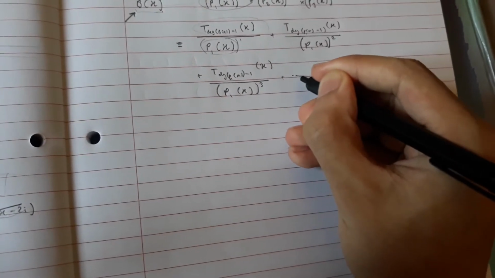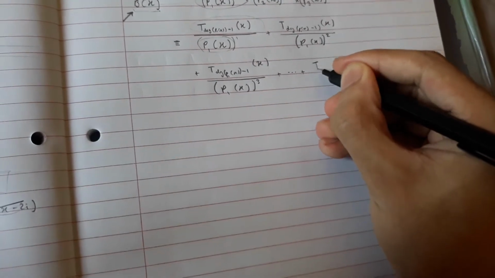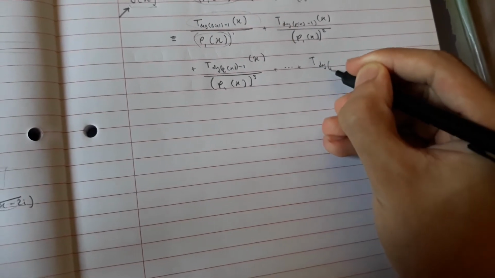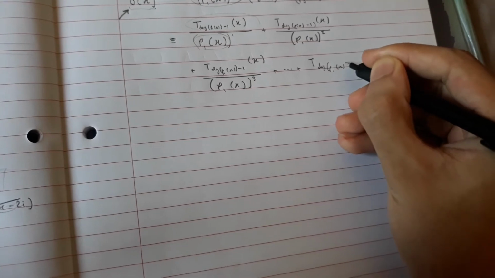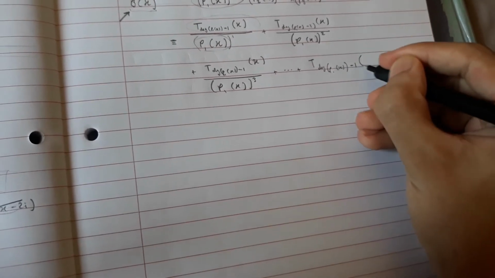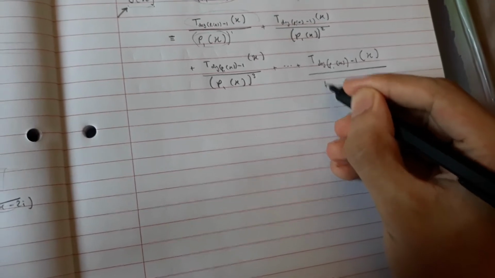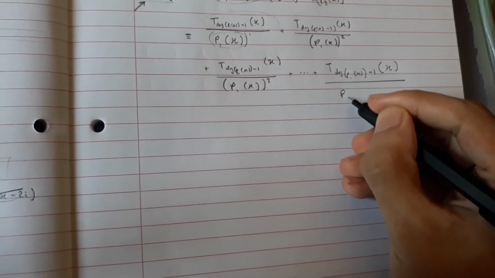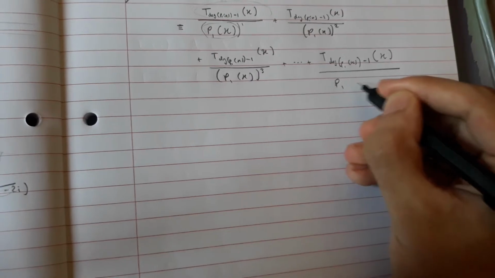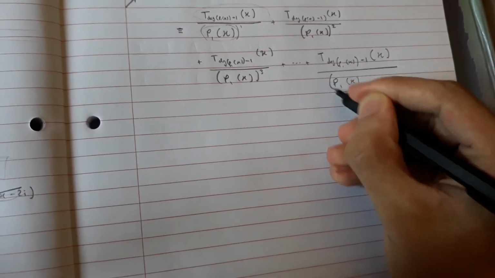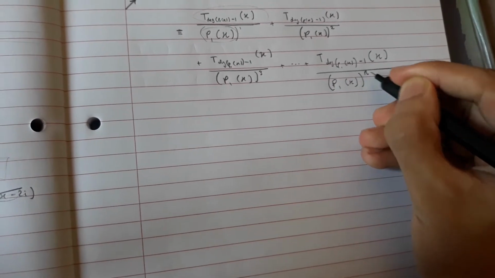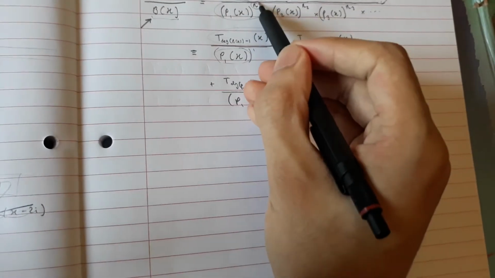And then we're going to go all the way up, T of degree p1 of x minus 1 in terms of x, all the way up to p1 of x, all the way up to n1, which is that n1 there.